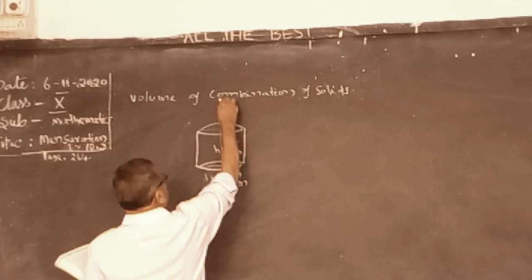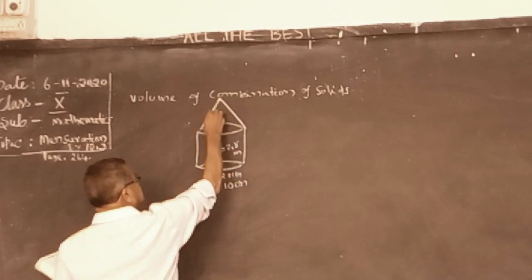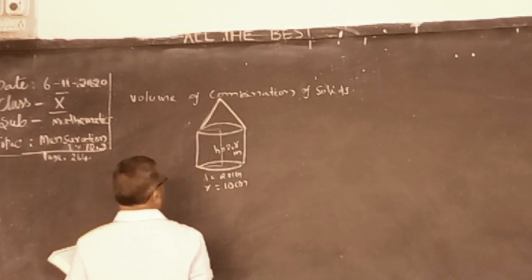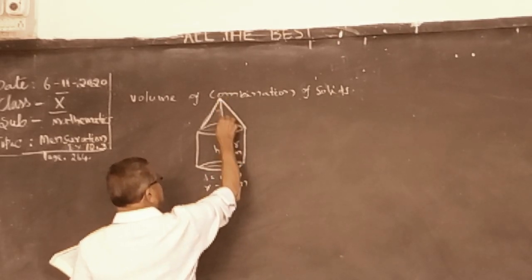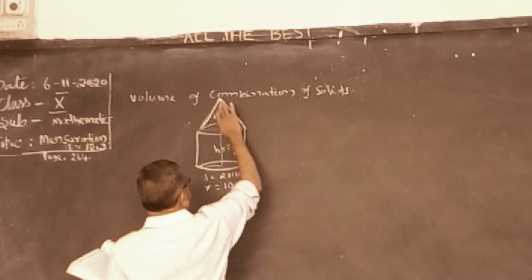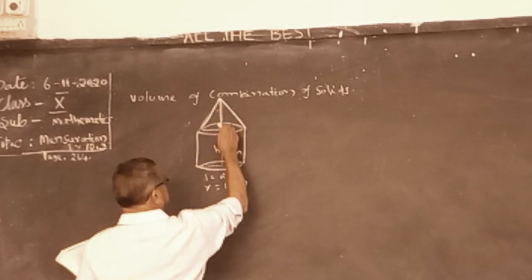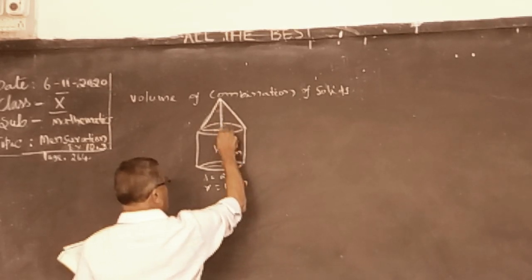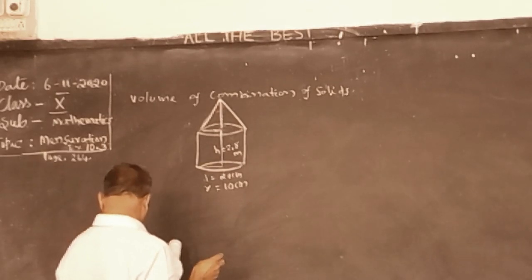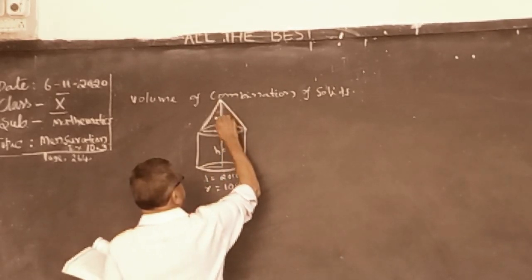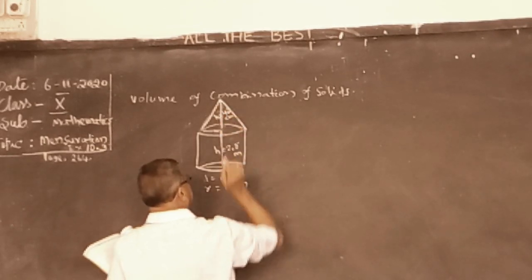On this, a cone is surmounted. A cone of height given, height of the cone 42 centimeters. H is equal to 42 centimeters.